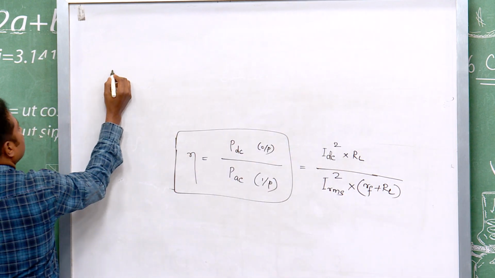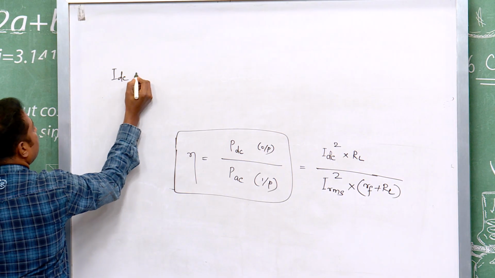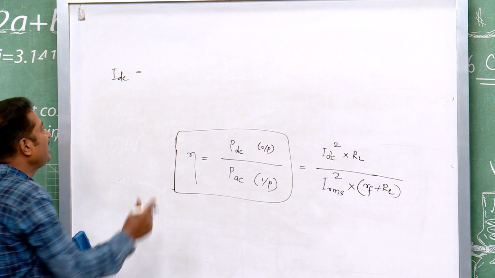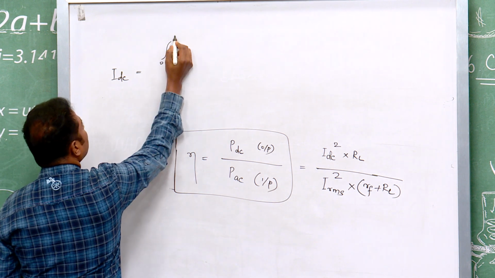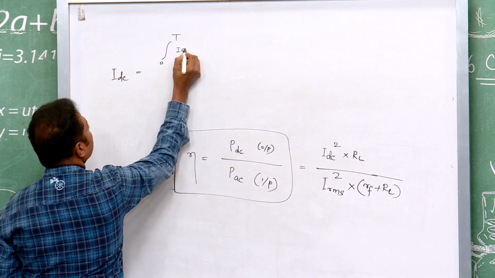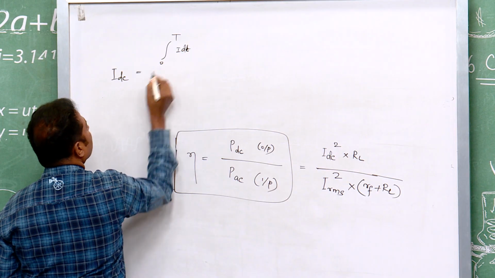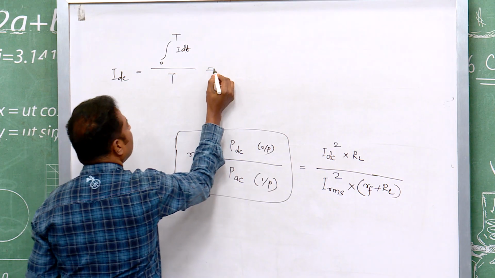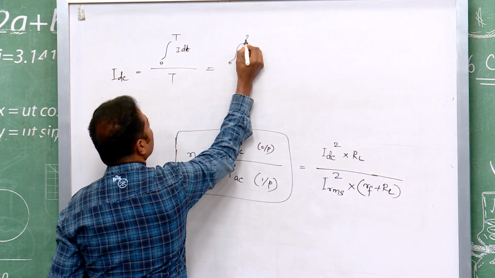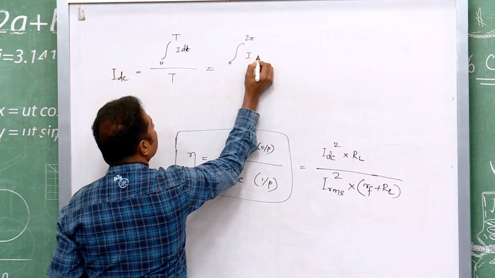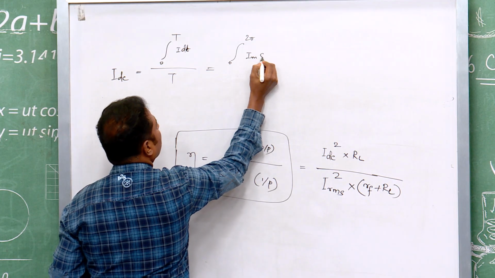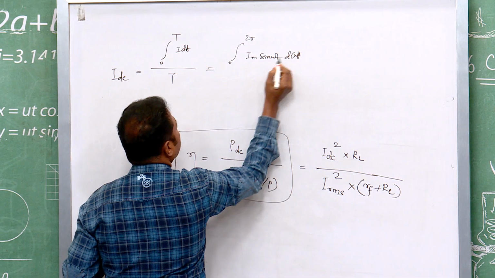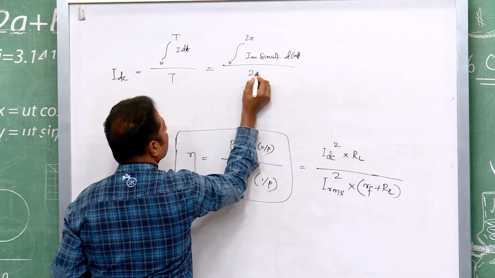So, IDC is nothing but total charge by total time. Total charge is given by integral 0 to T of I dt, and total time is T, and finally, you may call it integral 0 to 2 pi of Im sin omega t over 2 pi.